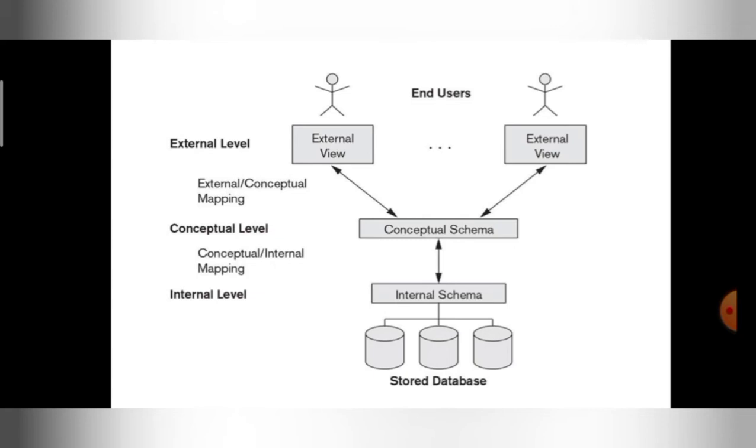I will take each schema and explain it in detail. End users are the users who are going to use the application. For each level I have a different schema. So how many schemas here? Three: internal schema, conceptual schema, and external schema.